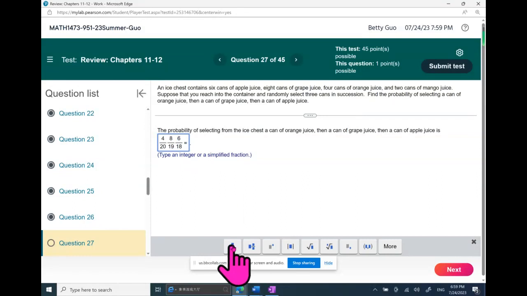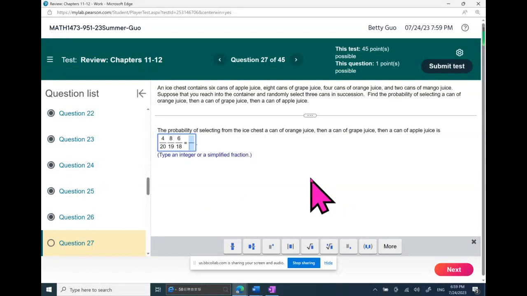So then you simplify and multiply them all together. Be very careful with the calculation. At the same time, let me double check. So you got an orange juice. It's 4 orange. And then grape, 8 grape. And then apple, 6 apple.